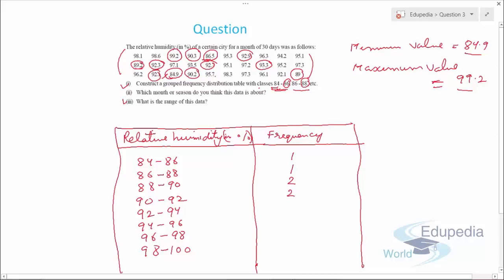Then 6, right? Now let's do it again. It should be 92, so this is 1, right? This is 2, this is 3, this is 4, this is 5, right? So how many values do we need to count?